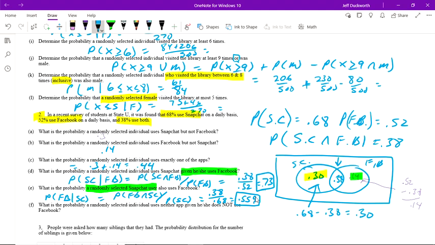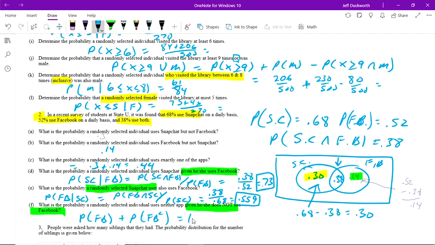And the last one, probability a randomly selected individual uses neither app. Given he or she does not use Facebook. So it says the word given. So given not Facebook. Well, remember, the probability that they use Facebook plus the probability that they do not use Facebook, Facebook complement, has to equal 1.